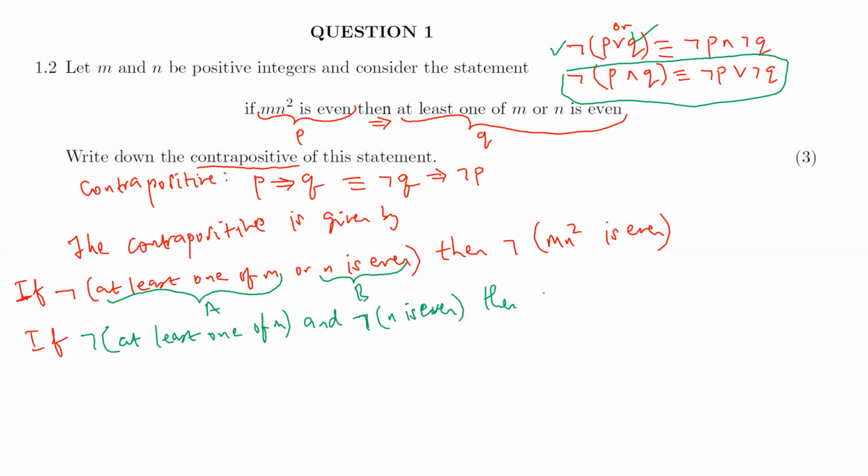Then this one I'm going to keep for now. mn squared is even. So here's the answer. Okay, here's the answer. So not at least one of M.